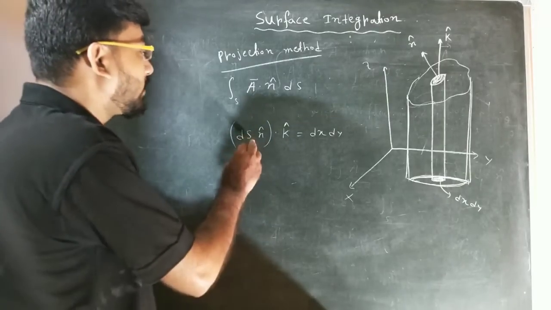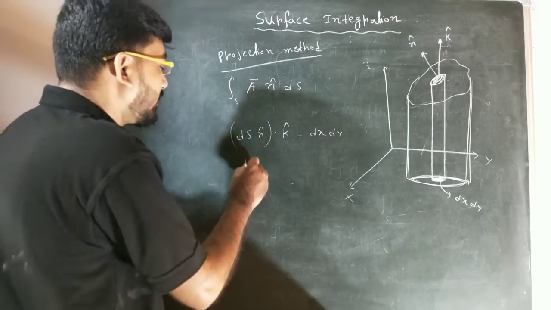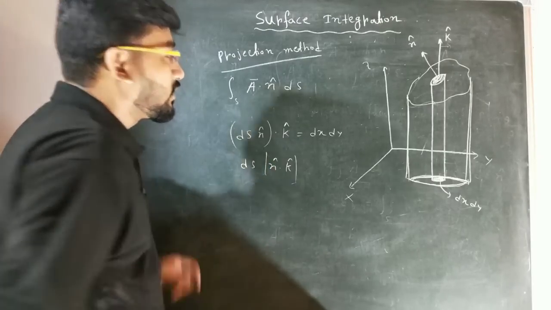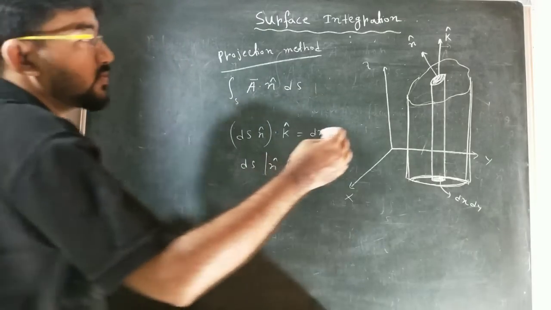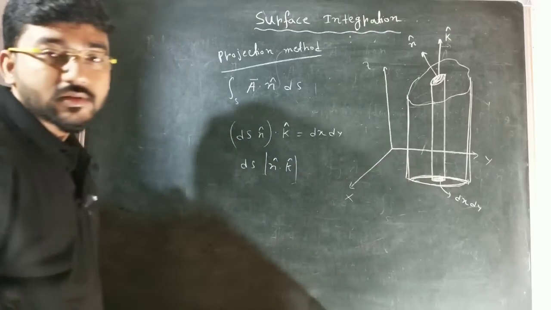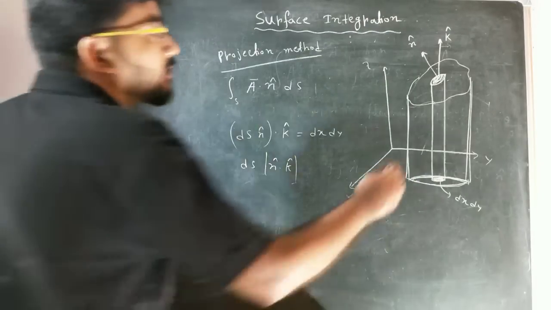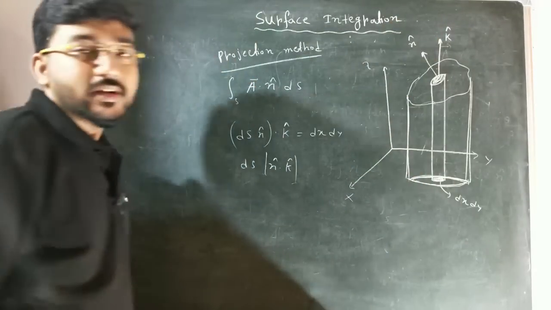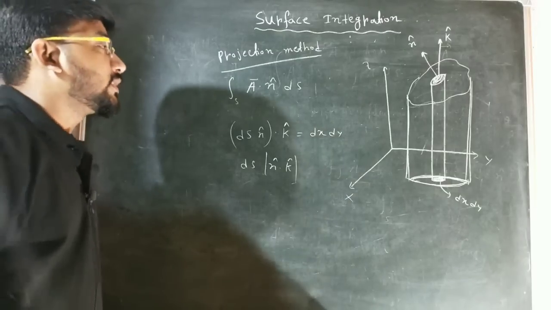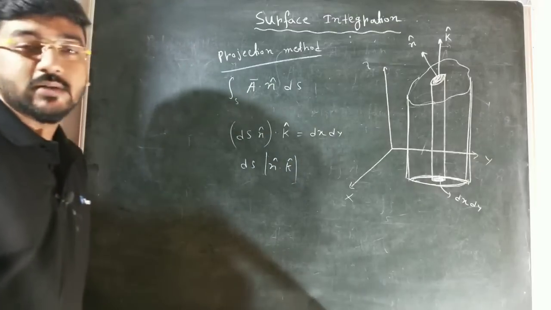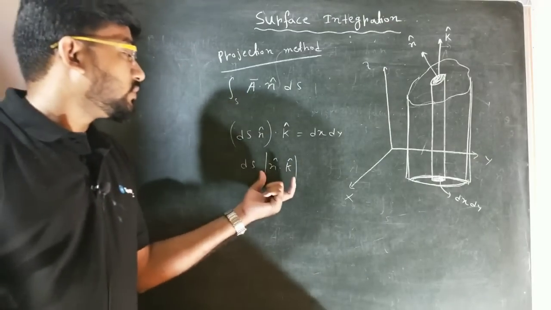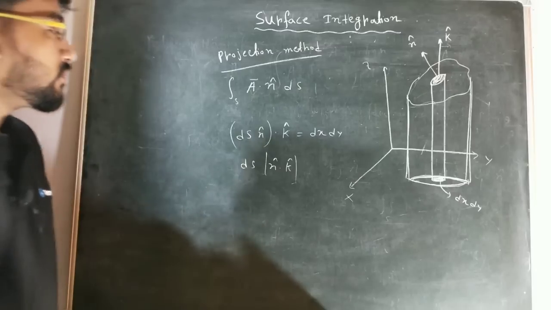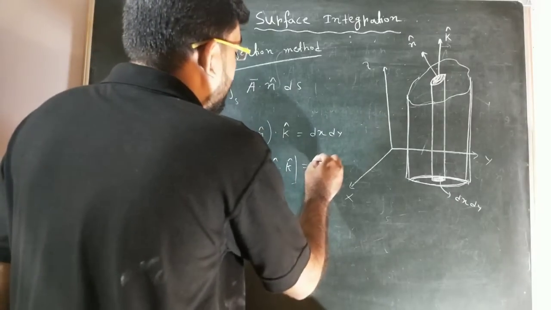So you can write ds into mod n dot k cap. You take the mod sign because n cap can be chosen outward or inward, so it may be positive or negative, but here we have to take the mod value. So ds into mod n dot k is equal to dx dy.